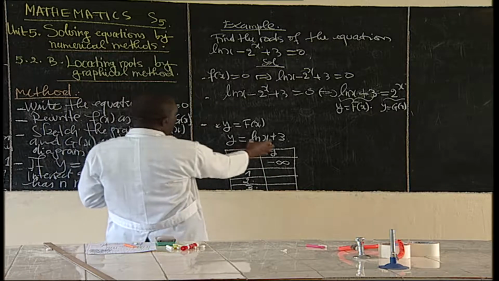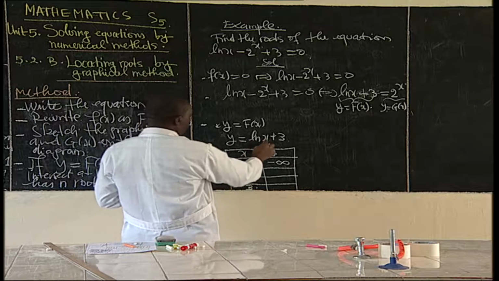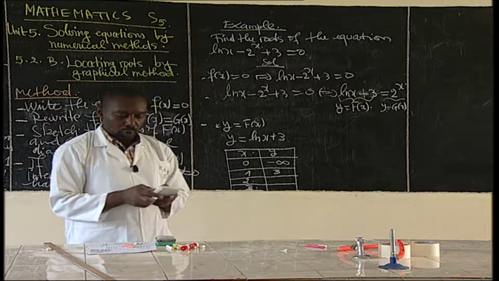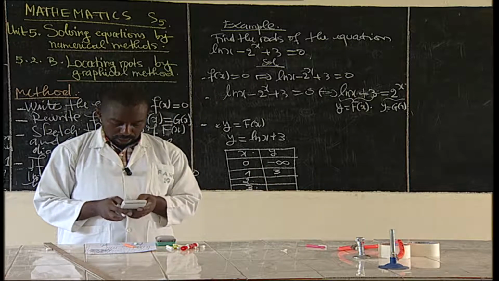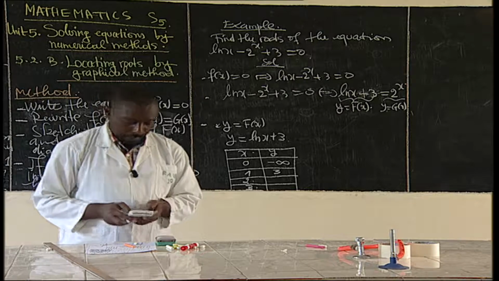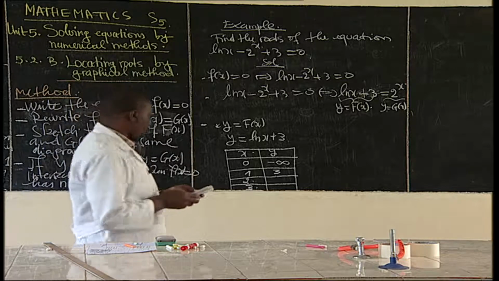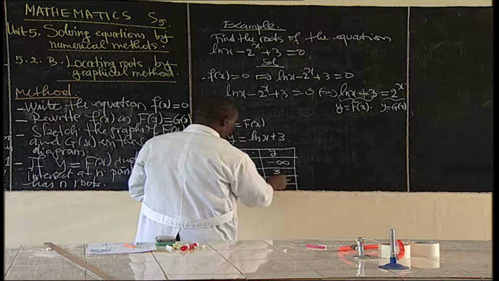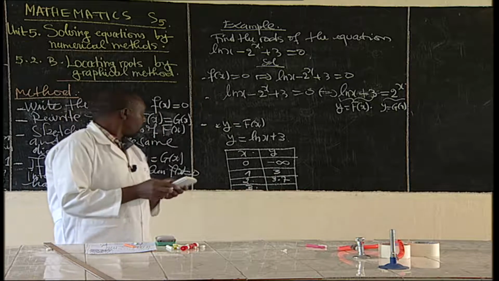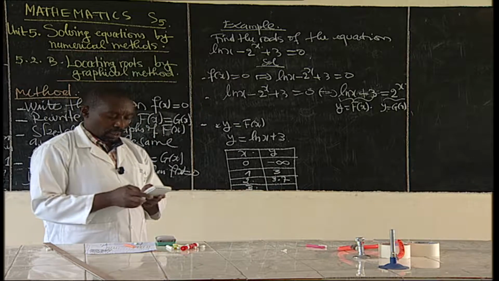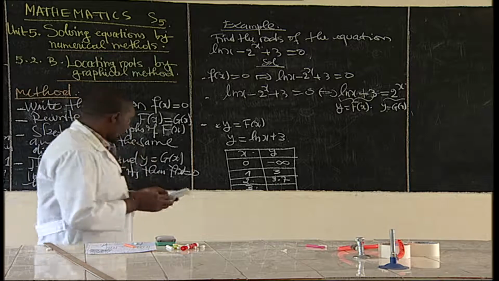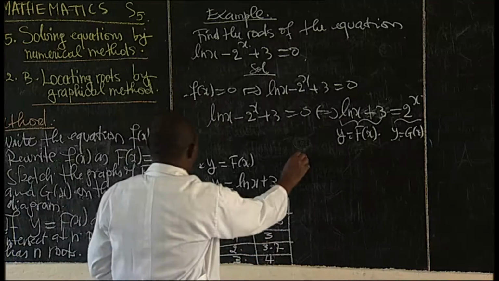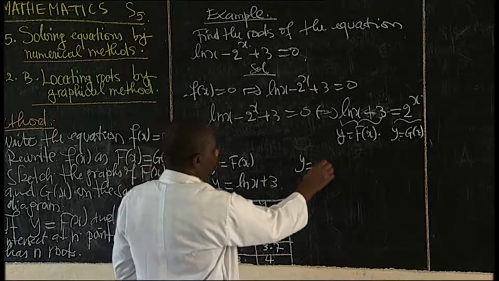Then ln of 1 is 0, then plus 3, here it will be 3. Then for 2, I get 3.7, an approximation. And when you calculate for x equals 3, you get 4, approximation, right?